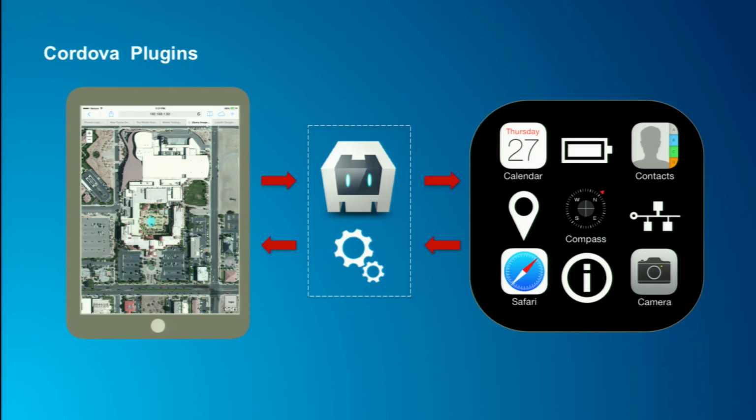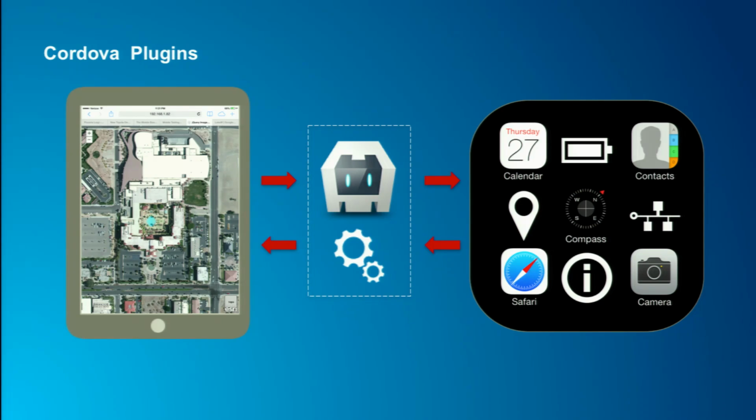So as I mentioned, these plugins provide a hook or an interop so that you can make JavaScript calls that call the plugin that then hook into the native device functionality, like the compass or the calendar, so you can add events or things like that, or even the geolocation.